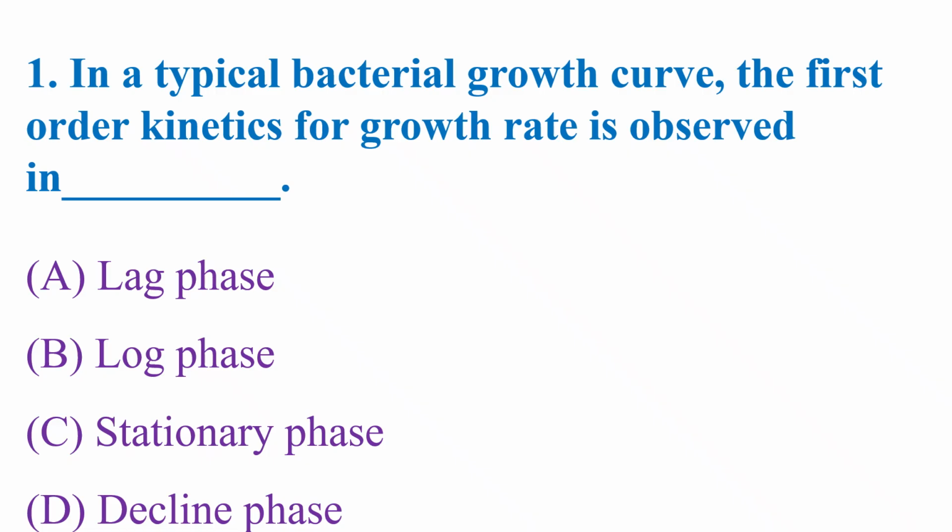decline phase. So the first order kinetics basically means the growth rate of the bacteria depends on the current population size, that means the exponential growth rate, and this basically happens in the log phase or the exponential phase.